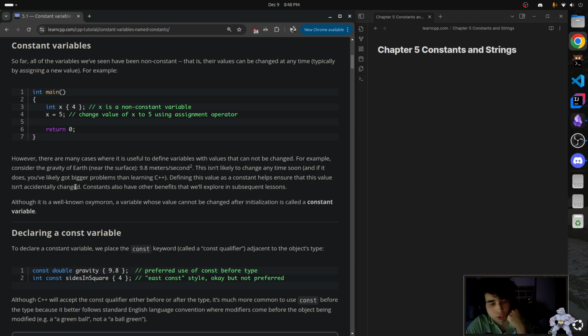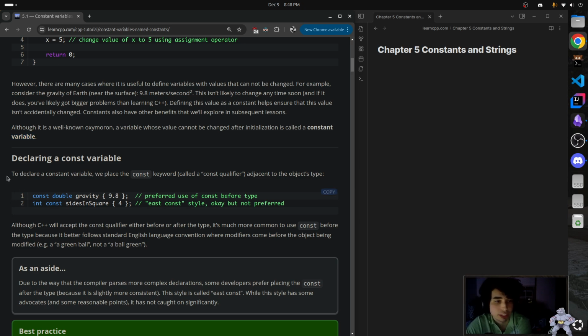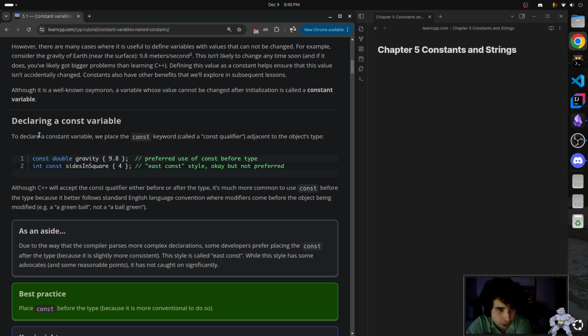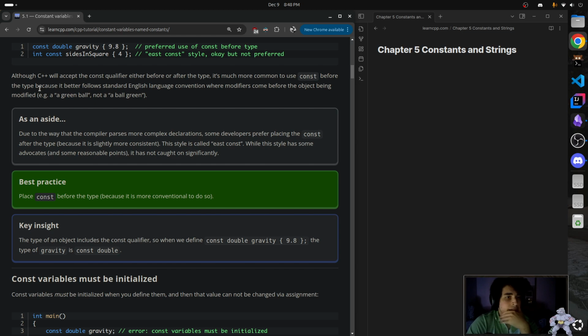Why is this an oxymoron? Although it is a well-known oxymoron, a variable whose value cannot be changed. Oh, because variable means changing. Like account for a variable means account for something you don't know. That's funny. That's very funny, guys. Are you laughing? I hope you guys are dying of laughter. Yeah, I know about that. Const before, I knew about that.